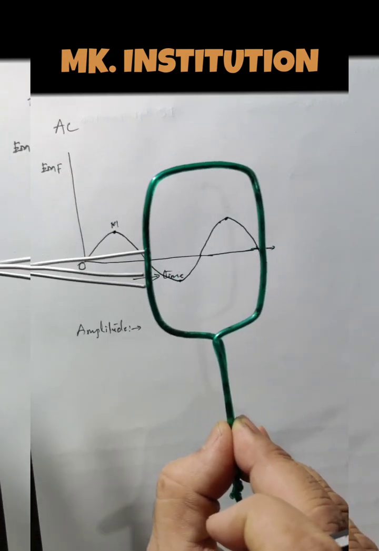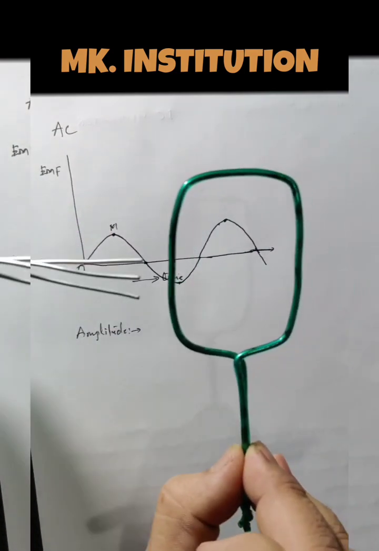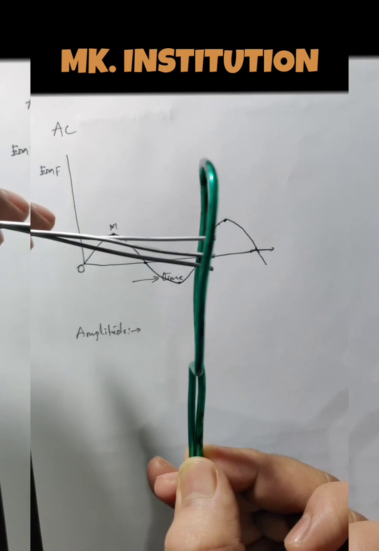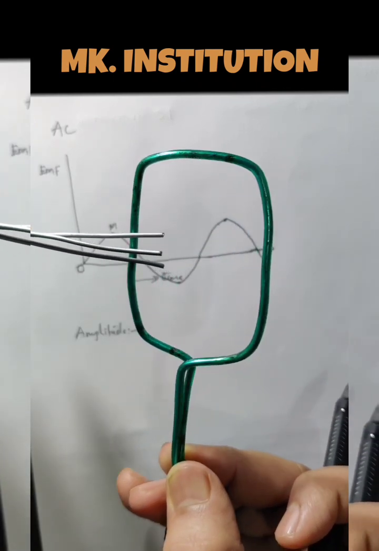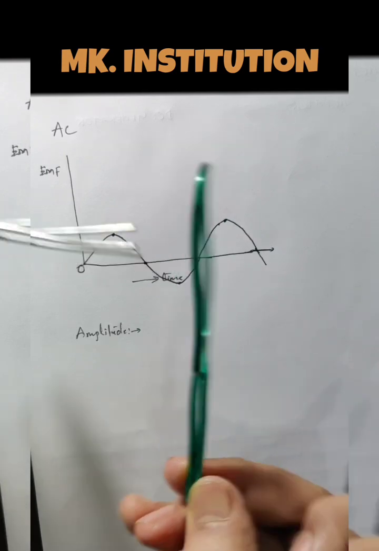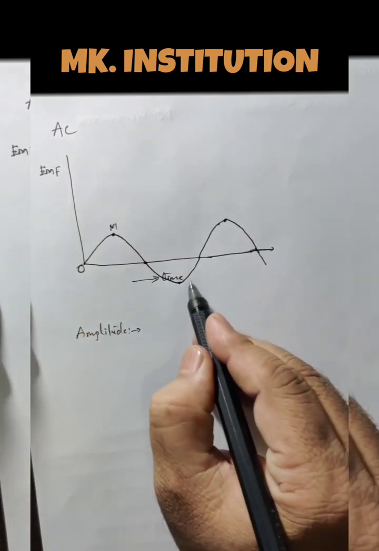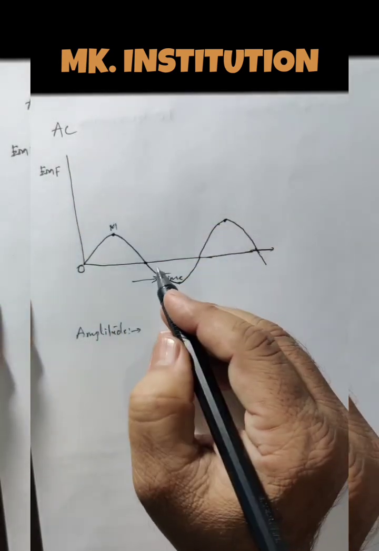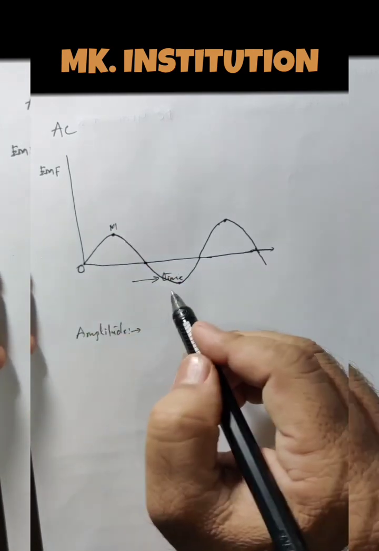From 0 to maximum, then from maximum in 1 second it becomes 0, slowly comes back to 0, and from 0 in 1 second to maximum. Clear? So this is the graph of alternate current generator. This is the AC graph here.